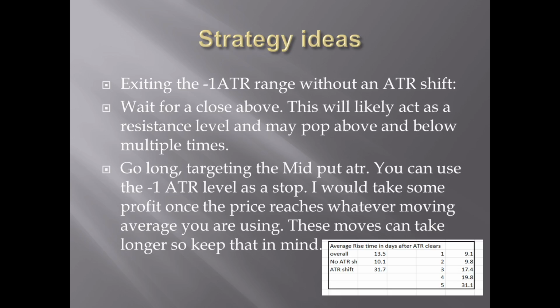Because that, in theory, should be acting as a support level. So if you want to not get stepped out as easily, maybe make it a little below that, but too much below it, and it looks like you are probably in some sort of worse move than you might have initially thought, right?